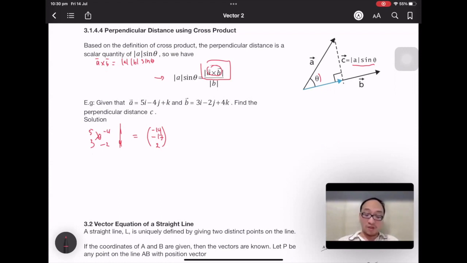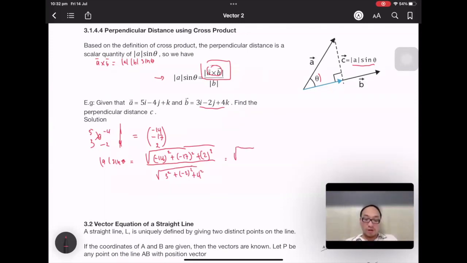And using the formula, A sine theta equals the magnitude of the cross product over B. So negative 14 squared plus negative 17 squared plus 2 squared, over B. The B here is this one, so square root of 3 squared plus negative 2 squared plus 4 squared. That equals square root of 489 over square root of 29.